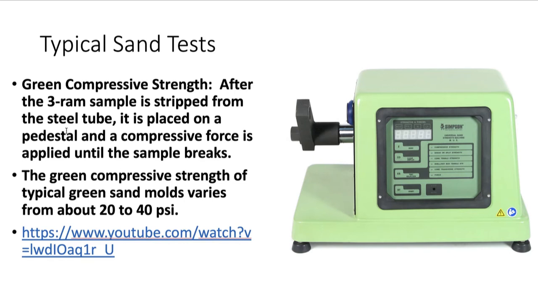You take your 3-ram sample and put it in between some jaws or some sort of testing apparatus over here on the right. Good green compressive strength is 20 to 40 psi. We typically get a little bit lower than that, especially with this last batch that we did, because we were low on the clay.